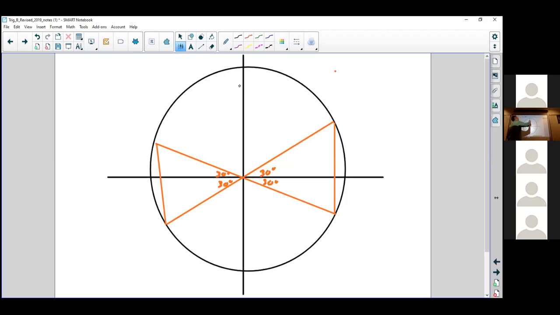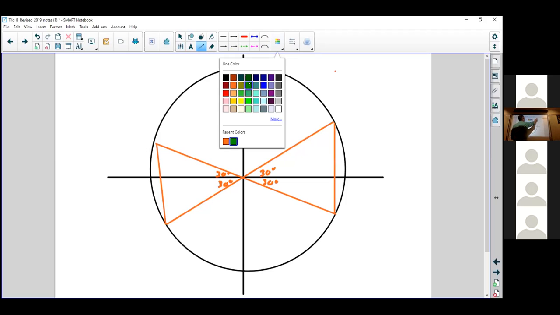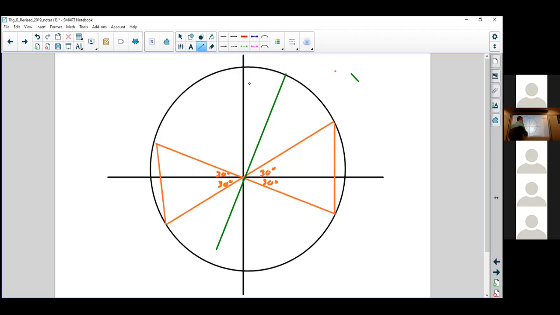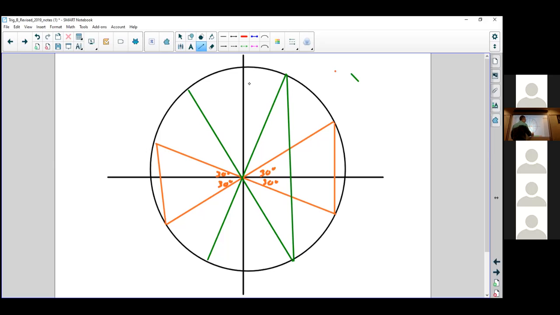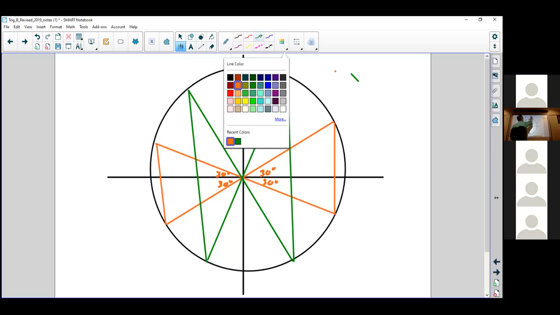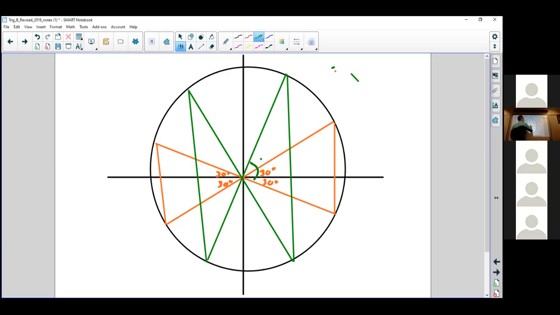Then if I change that and say I want the 60-degree angle now, the 60-degree angle is up here. I'm not exact, I'm doing the best I can, flying without a net. So this green angle here is a 60-degree angle coming off of my x-axis. So we're kind of inscribing these in there.